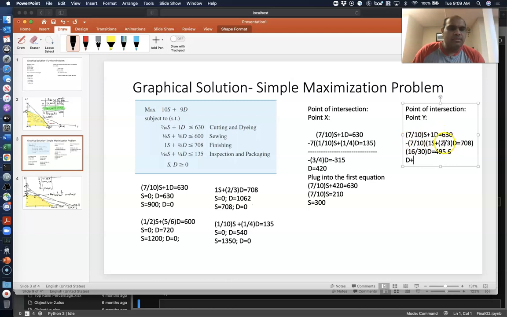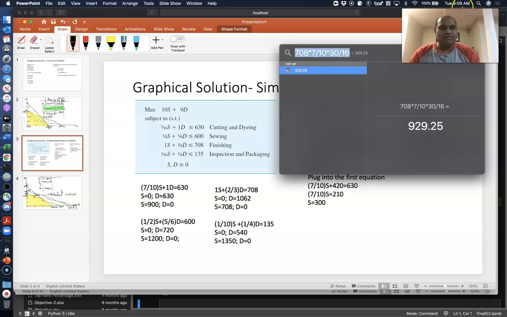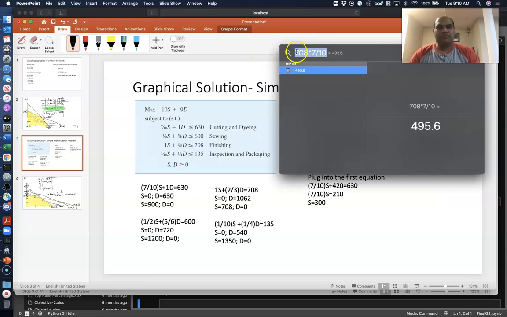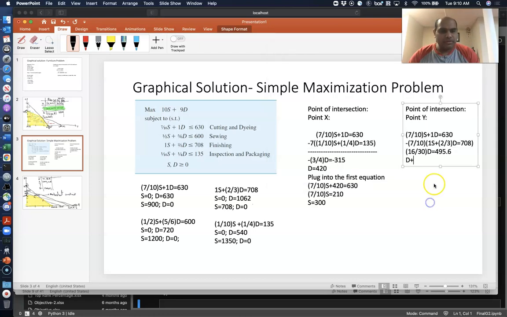Right, obviously. I didn't do the 630 minus that. So 708 times 7 over 10 is 495.6, but that 495.6 is subtracted from 630, so it'll be 630 minus 495.6, which is 134.4.